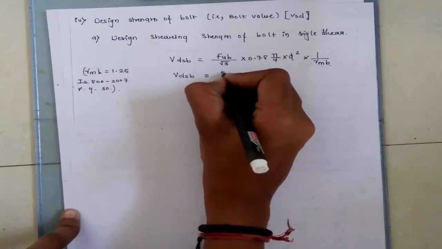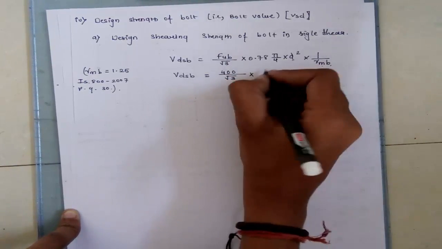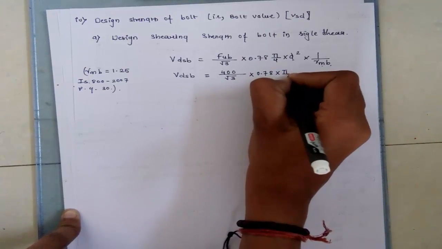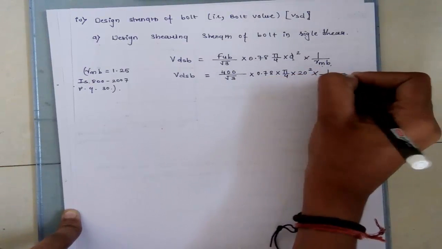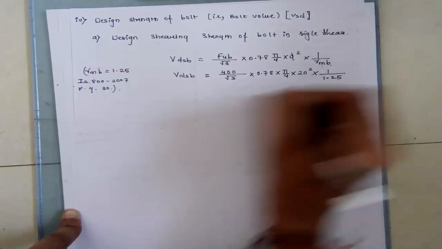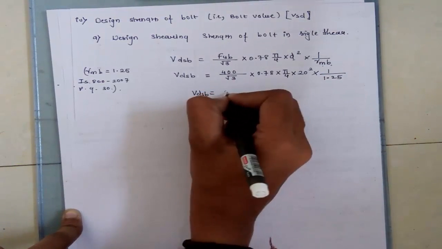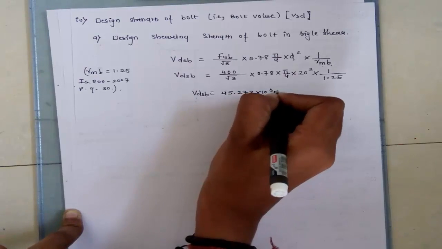So we have to put these values in this equation. fub equals 400, already given, and 0.78 into pi by 4 into 20 square into 1 upon 1.25. After calculation we get VDSB equals 45.273 into 10 to the power 3 Newton.